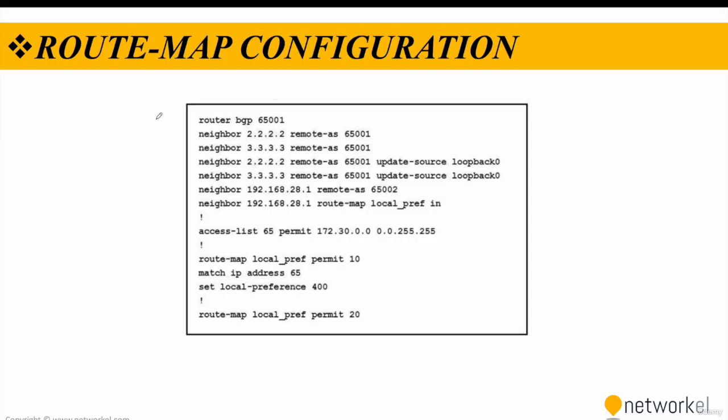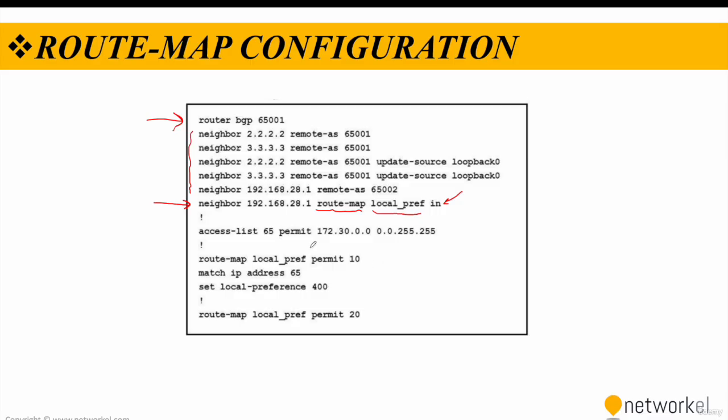So that is a sample configuration of a route map, and let's review it. Here I have one BGP configuration, and I am defining some of my neighbors. With this statement, I am able to see there is a route map configuration in the in direction, and the name of the route map is local pref.